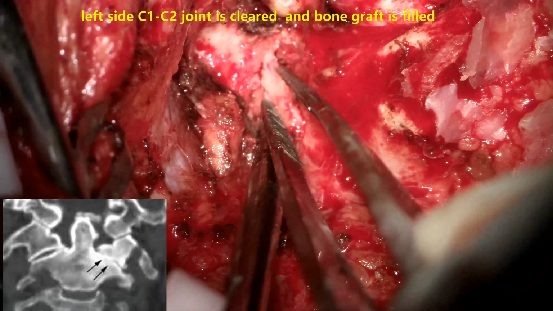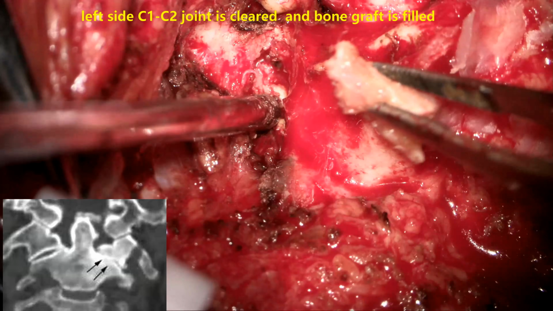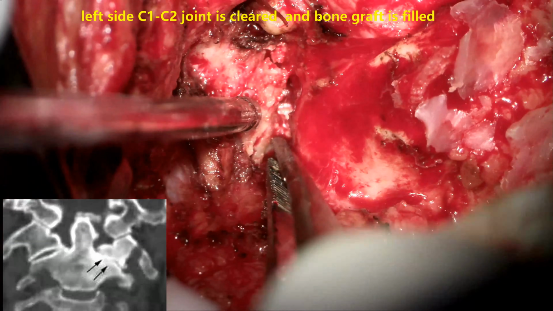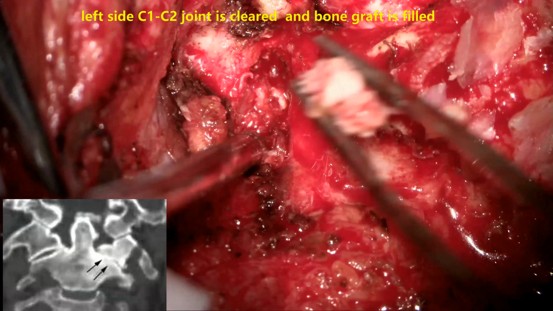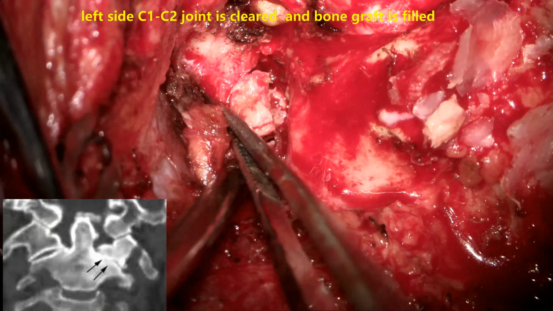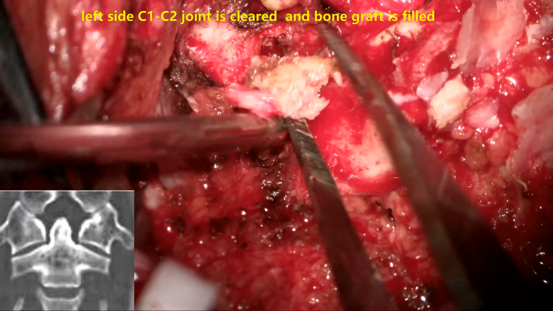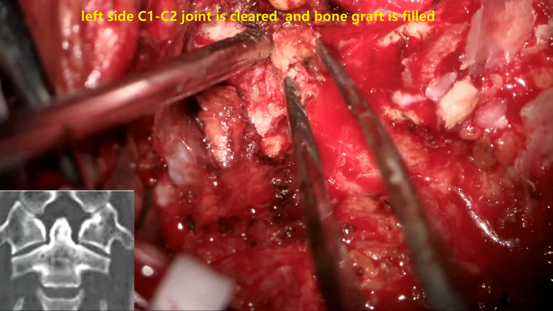And here again, we need to use more bone graft, and the bone graft taken out from C1, C2 and C3, and laminae, posterior arch of C1 and lamina of C2 are used, and the graft is placed and the joint is fused.